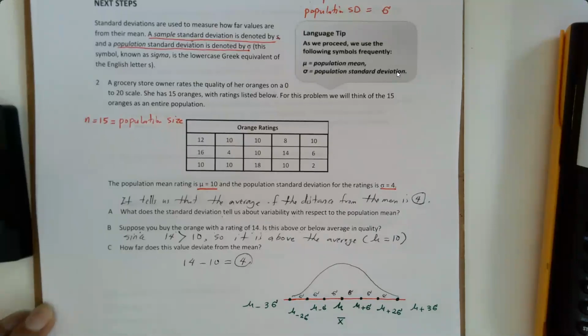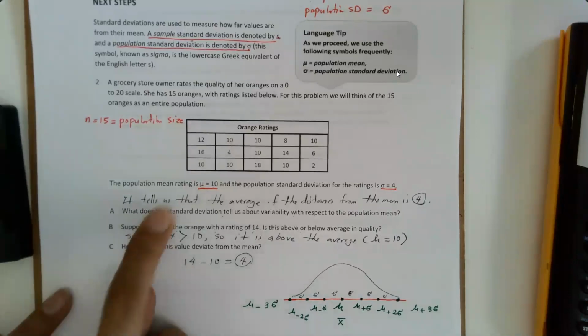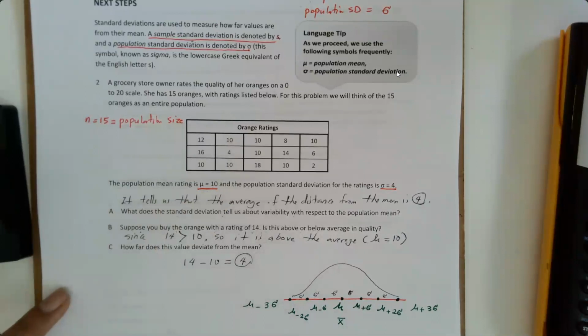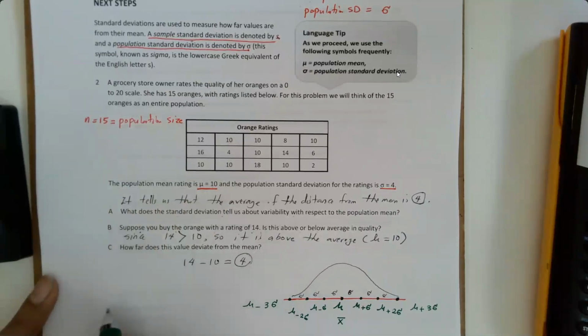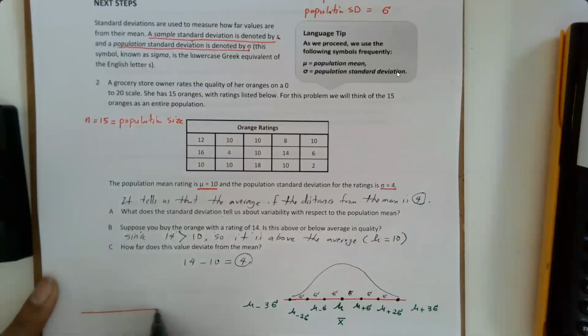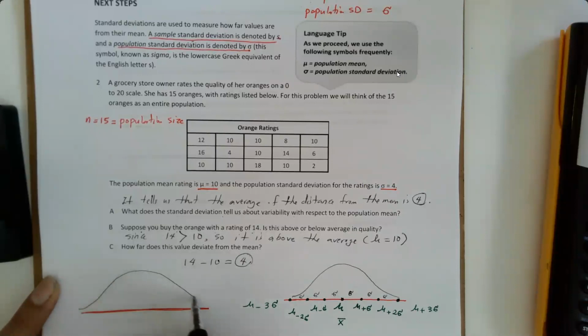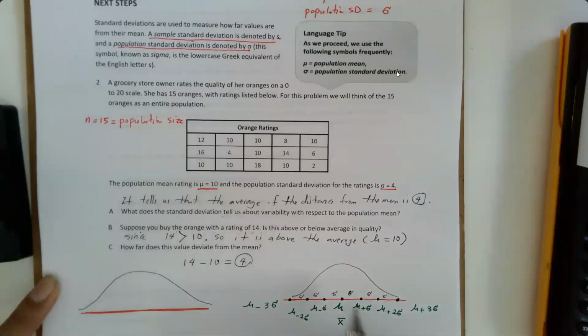For this example here, oranges, the mean of the population is 10. We assume that this population is normally distributed, a normal distribution, bell-shaped graph. The typical value, the mean, is in the middle.